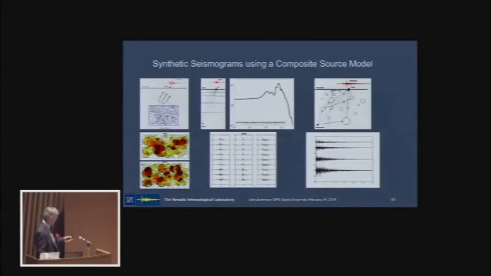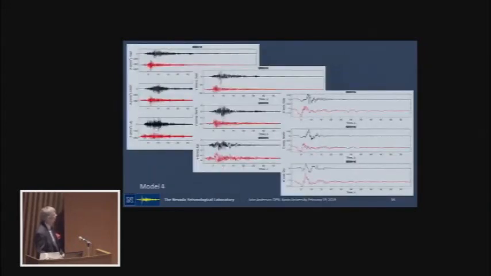This is a method that I'm using to generate synthetic seismograms, and I don't want to go into those details. Here's an example of synthetics: accelerations for 3 components, velocity for 3 components, displacement for 3 components for one of these earthquakes in the Fukushima area.